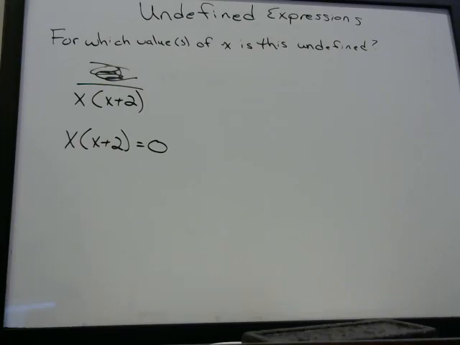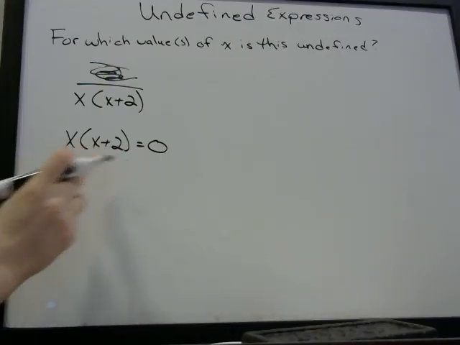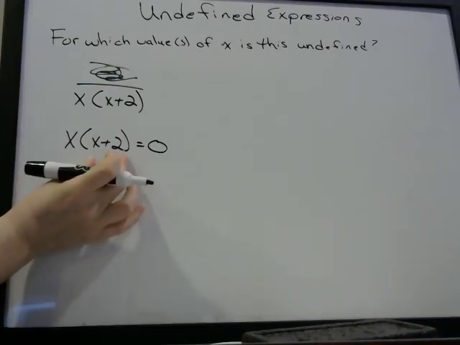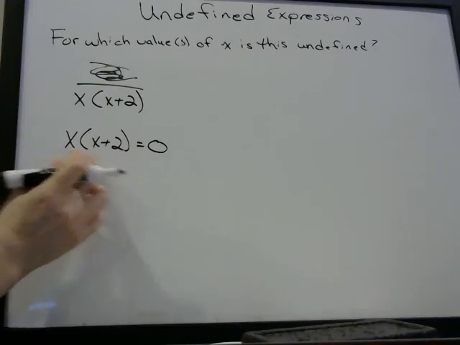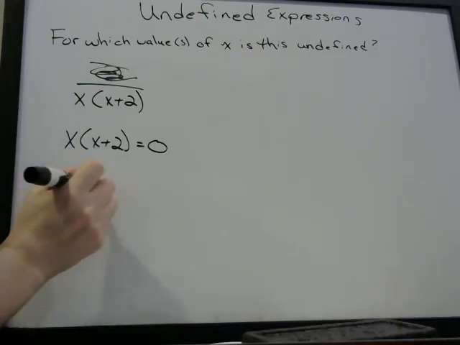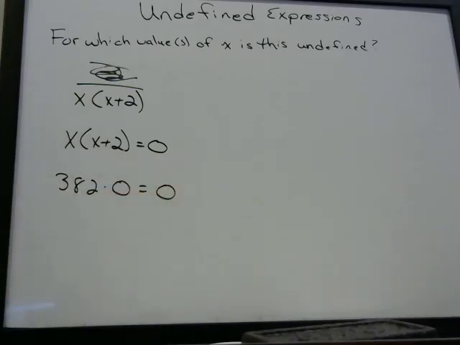But the other way you can do this is just to think a little bit logically, and you wouldn't have to go through that process. So when you multiply two things together, because this expression is just representing a number, in order to get 0, one of them has to equal 0, right? So if you have 382 times 0, you're going to get 0.